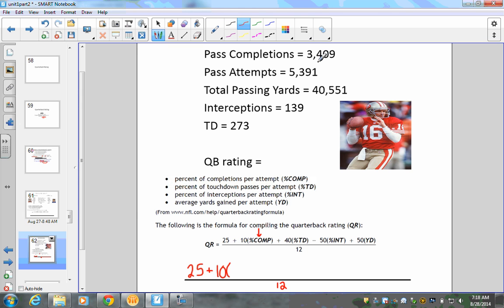If you look at our hints up here, that is the percent of completions per attempts. The pass attempts was 5,391. The pass completions was 3,409. So off to the side, I'm going to write a simple division problem: 3,409 divided by 5,391. My calculator is going to want to put this as a decimal.